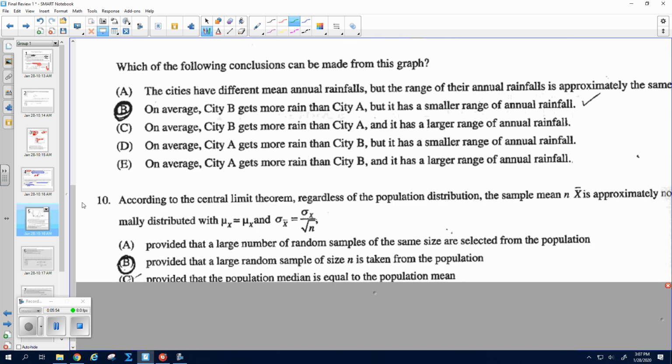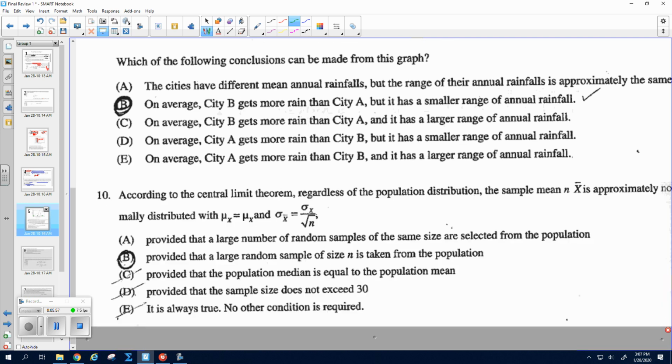All right, number 10 is B. If it says regardless of the population, so if we don't know the population's normal, then we have to have large counts, which is n greater than or equal to 30 for means. They didn't specify that, but that's okay. We just have to have a large sample.